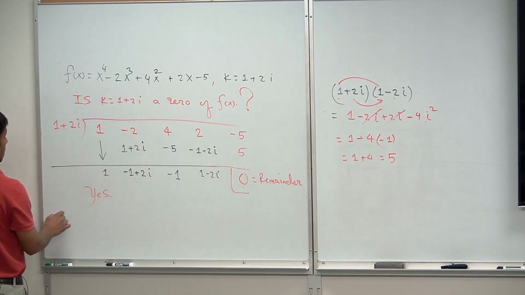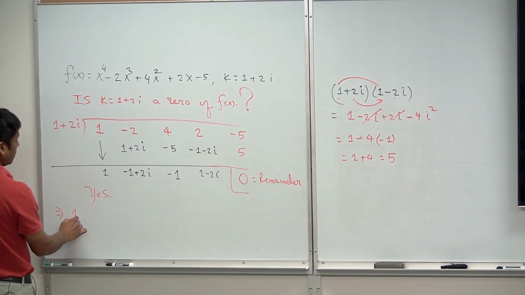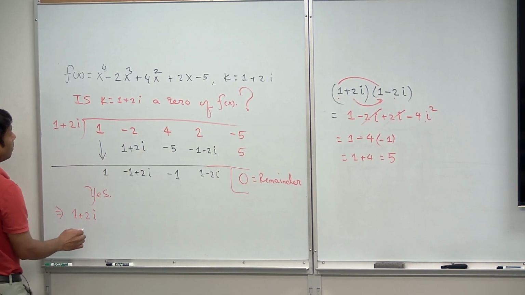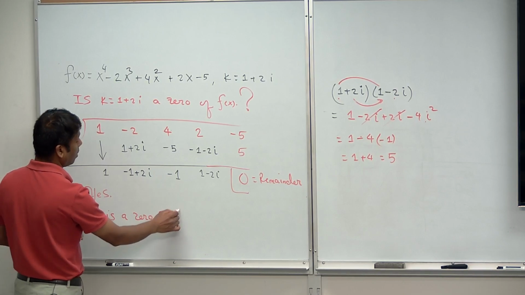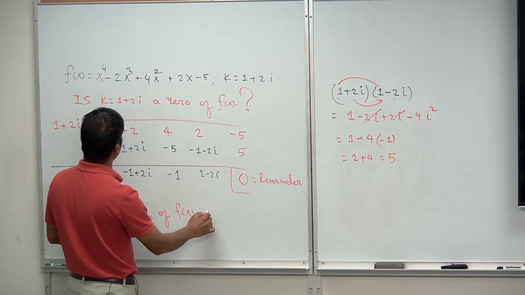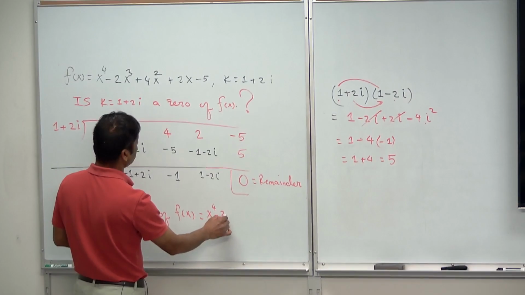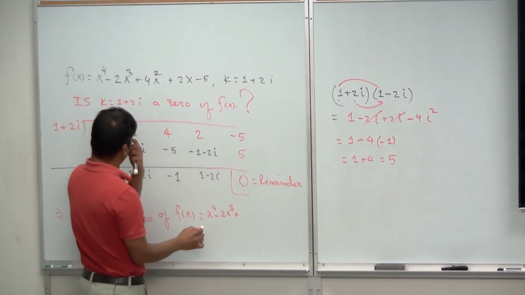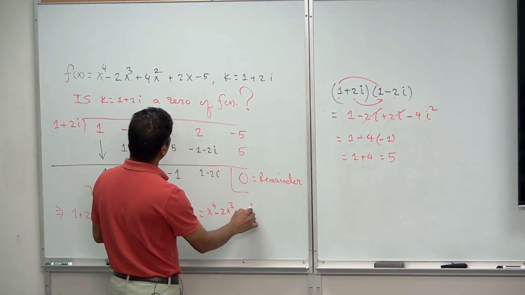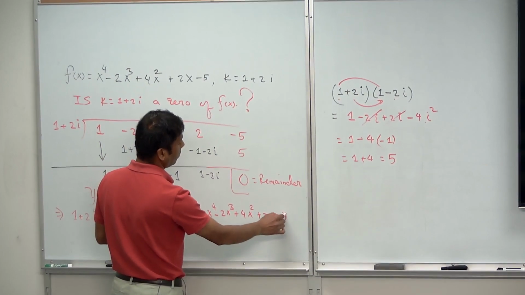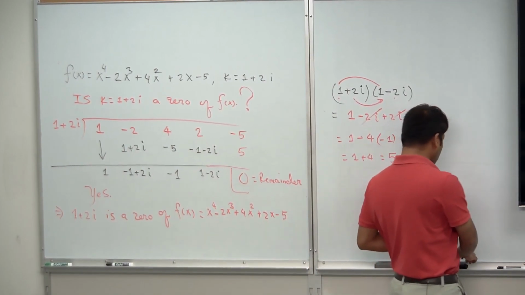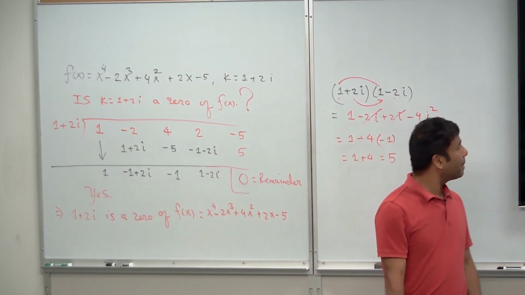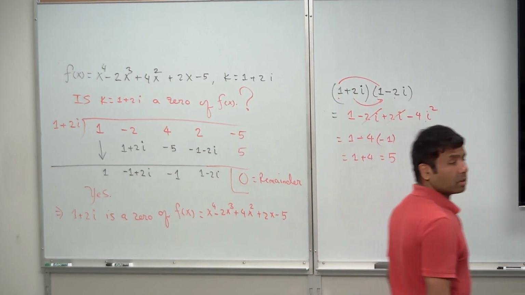So you can say that 1 plus 2i is a 0 of f(x) equals x to the power 4 minus 2x cubed plus 4x squared plus 2x minus 5. So we got this part, right? Okay. So now I want to take you to the next section.